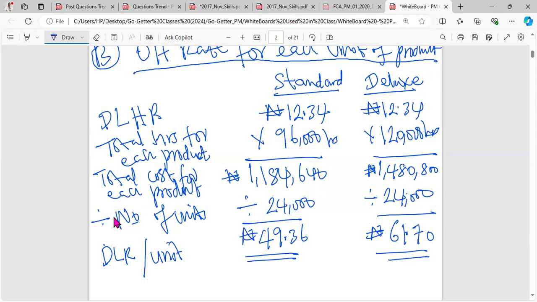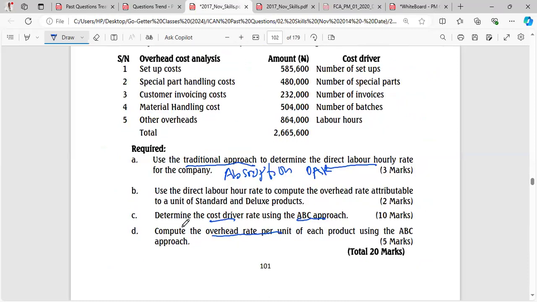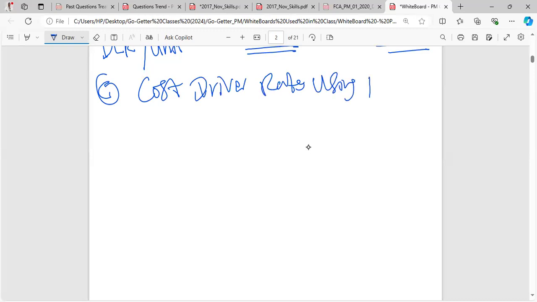Okay, so we'll go to the third part, which says determine the cost driver rate using the ABC approach. So part C is to determine the cost driver rates using ABC.